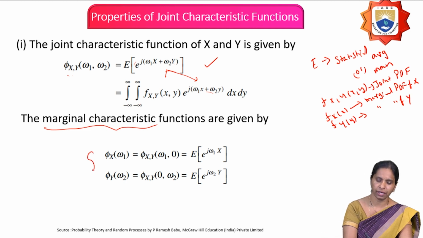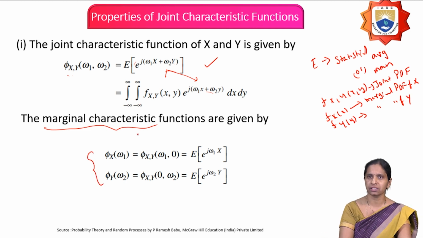Similarly, you can write the marginal characteristic function of the two random variables x and y. Phi xy of omega 1 comma omega 2 is called the joint characteristic function. By keeping one of the variables at 0 in the joint characteristic function, you obtain the marginal characteristic function.